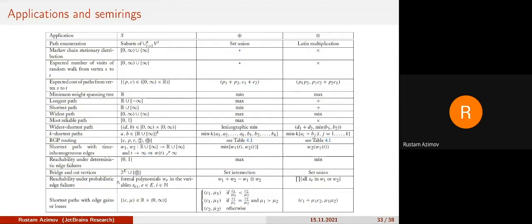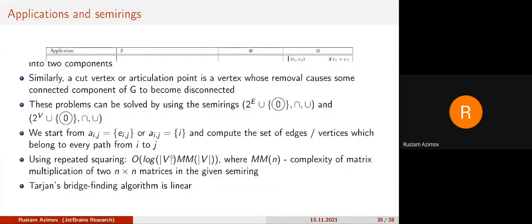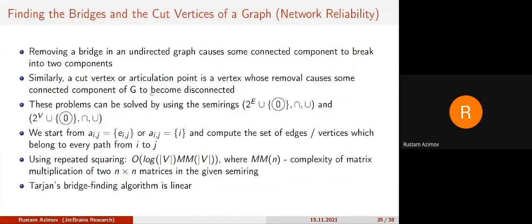And here we can use this complex semiring and use the classical algorithms to solve this problem. Yes, and again, there are many applications for different social and network analysis.